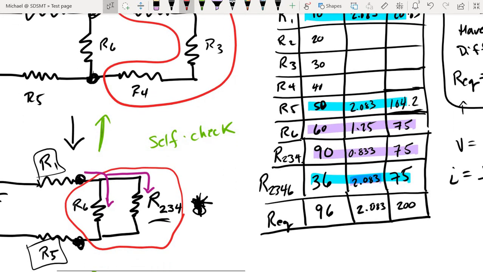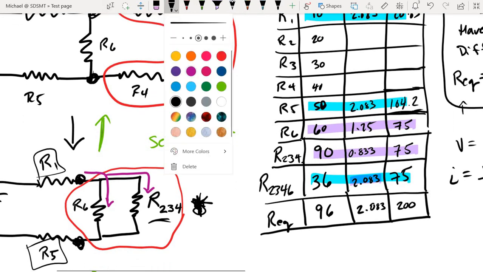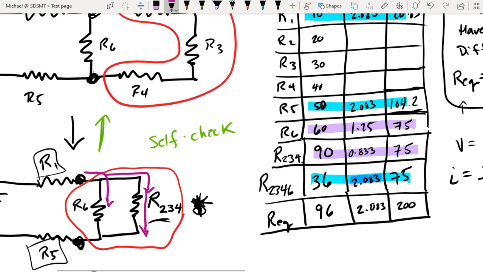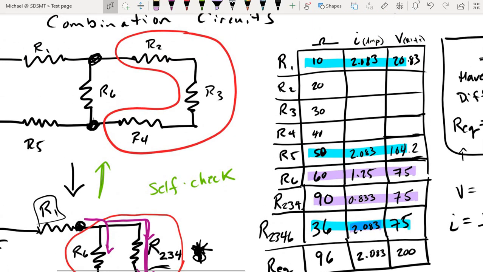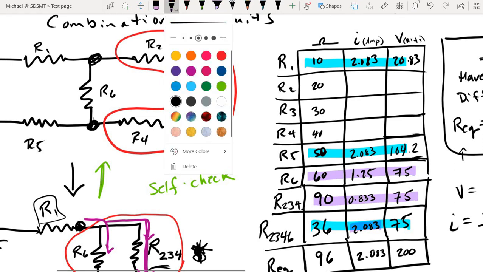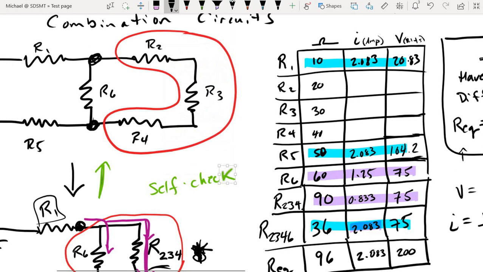Well, they are going to have the same current that was running through their equivalent. So all three of these get a current value of 0.833.